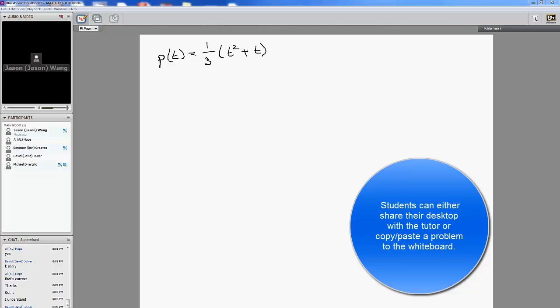So if we take the derivative here, p prime of t, since we're multiplying this entire thing by a constant, the derivative is just going to be a constant times the derivative. So we're going to leave that 1/3 out front. And then the derivative of the inside is 2t plus 1.